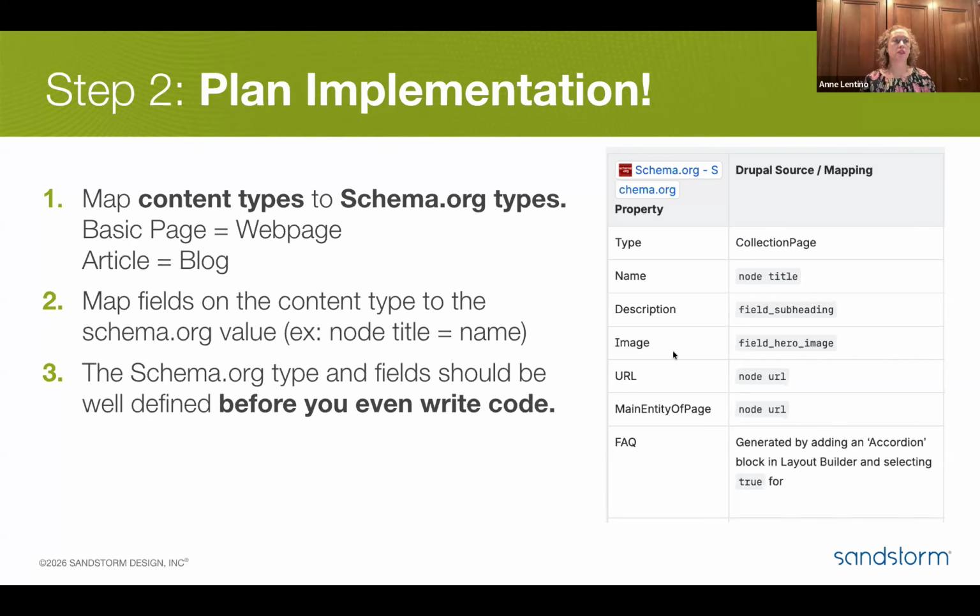We like to create these tables so we can say, okay, at a high level, we know that this is the schema type that we're adding, this collection page. But within that, like we looked at on the web page where it had the breadcrumb and the main description of the page and all that, we're mapping those out one to one with the fields that we already have in that content type, and then looking to see if there's something we're missing that would help enrich this in the way that someone might discover this page.